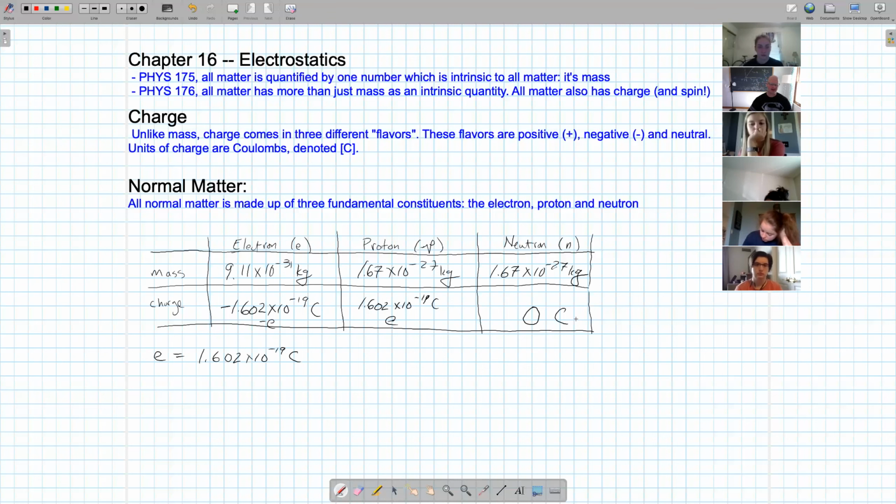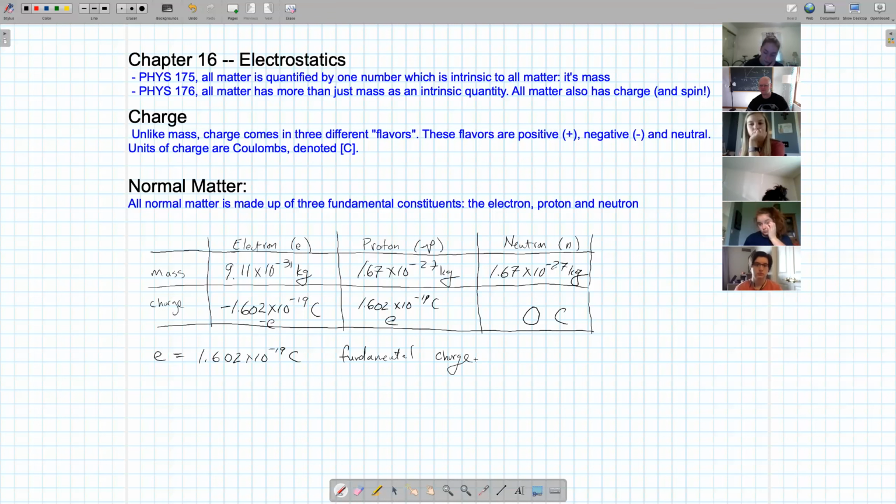So it turns out that the smallest charge that you can actually have in nature, somewhat true, is the charge of an electron and the charge of the proton. So we define here what's called E, the charge of the electron and the charge of the proton, as what's known as the fundamental charge. Which means that all normal matter is going to have some integer multiple of charge based off of this number.